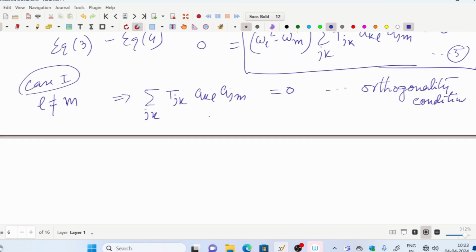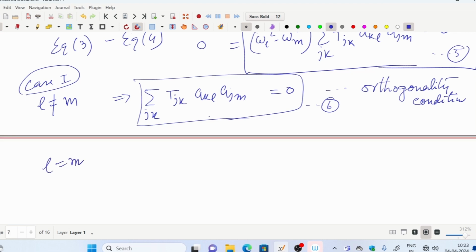So, let us write this as equation 6. And case 2, when L equal to M, then the first factor equal to 0, so the second factor cannot be equal to 0. So, the sum over j k of T j k a k l a j m is not equal to 0, but it cannot be determined from this consideration.